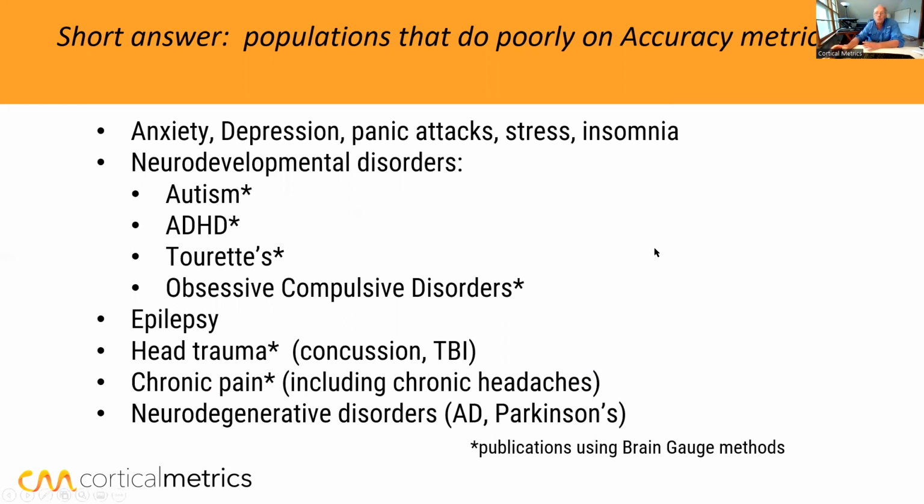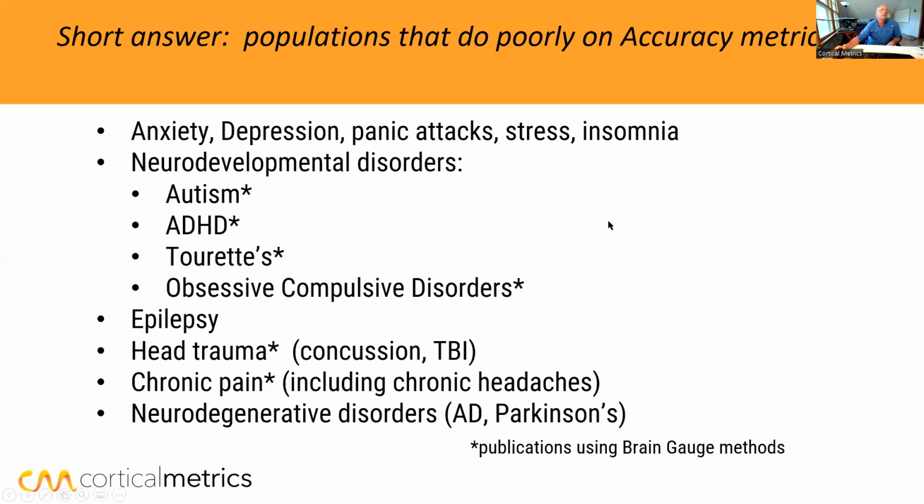All those groups do poorly. Now, if somebody does poorly on the accuracy metric, it does not mean they have a neurodevelopmental disorder. If someone has that disorder, they probably will do very poorly on that metric. That's the way you think about it. It's not a diagnostic, okay? So we don't want to get in trouble for saying it's a diagnostic.